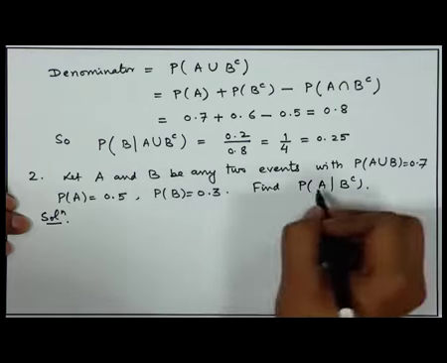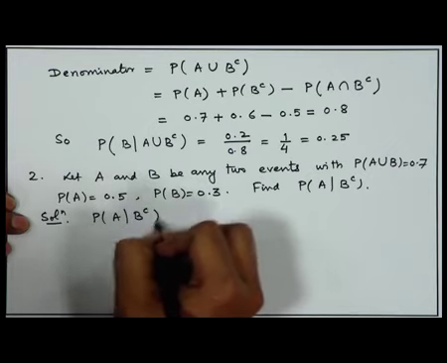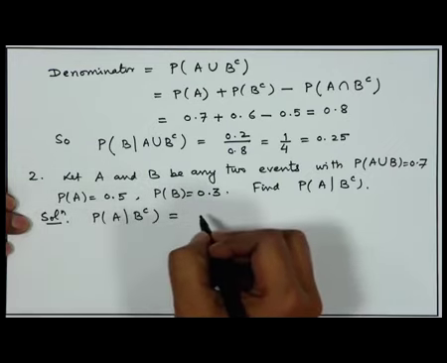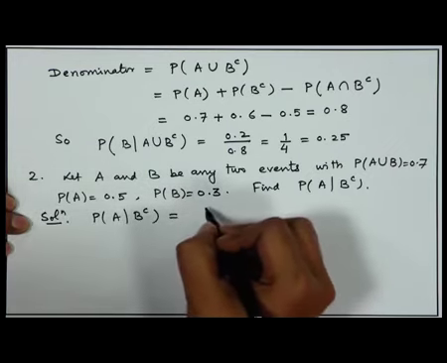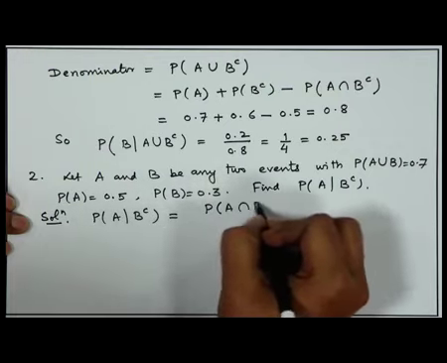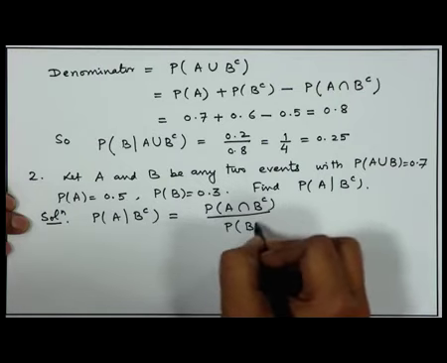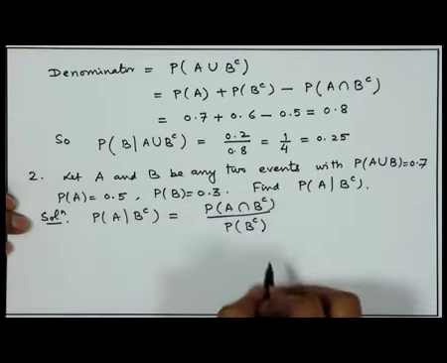We are required to find probability of A given B complement. If we apply the conditional probability, then it is probability of A intersection B complement divided by probability of B complement.